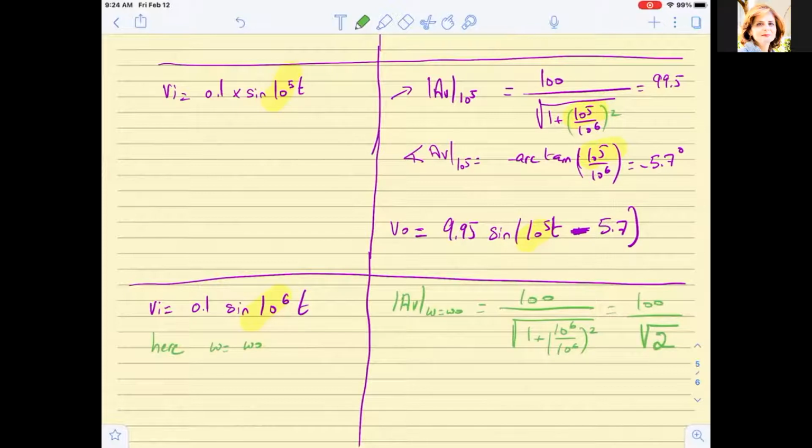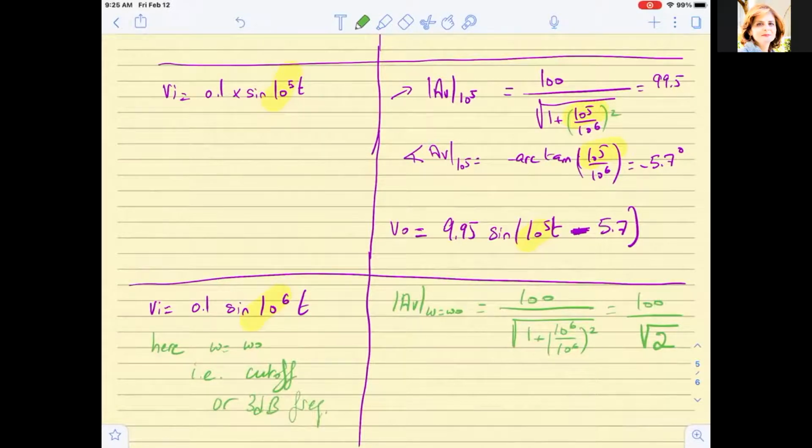Do you remember, does this number ring a bell for you? When the gain is divided by root 2, this really represents the 3 dB, exactly, the cutoff or the 3 dB frequency. So we are operating at the cutoff or the 3 dB frequency. So the gain will drop by 1 over root 2.